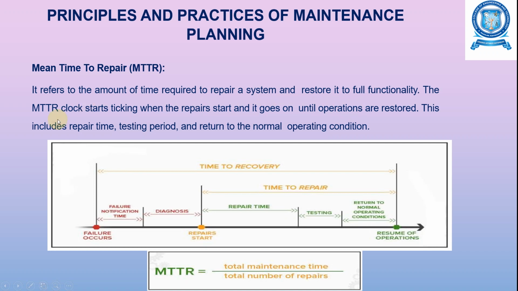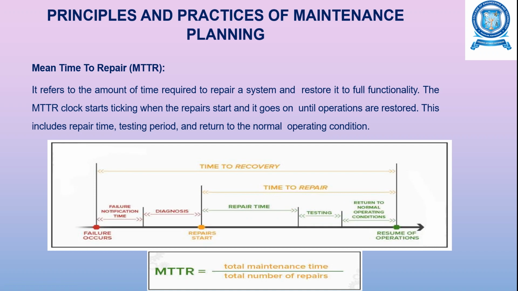Here the MTTR clock starts ticking when the failure occurs, and here the repair starts, and it goes on until the operations are restored. So this is a repair time, and this is a testing time and return to normal operation conditions. So resume of operations. This includes repair time, the testing period, and return to normal operation times.